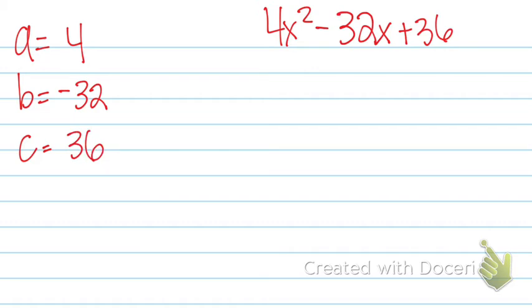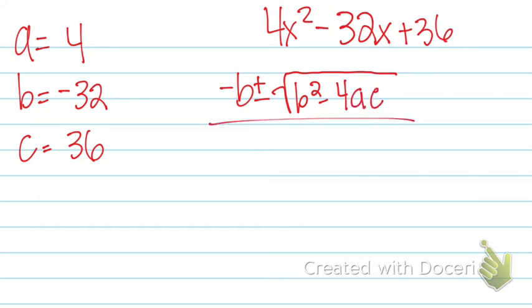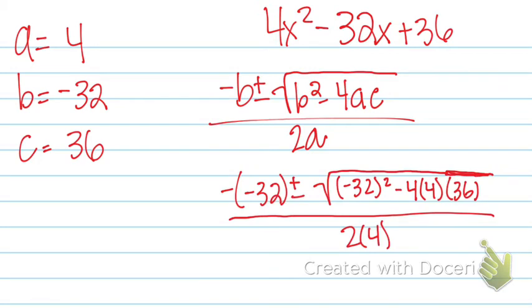Plug A, B, and C into negative b plus or minus the square root of b squared minus 4ac, all over 2a. When you plug in the numbers, make sure you use parentheses.